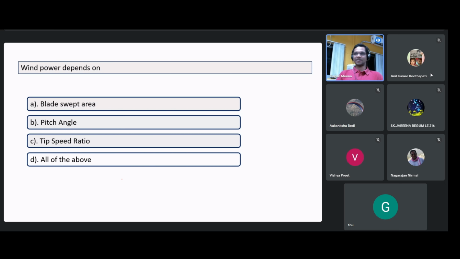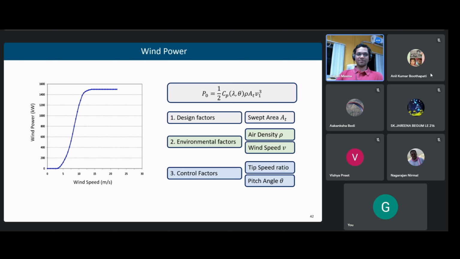What are the factors that determine the output of a wind energy system? D is the correct answer. So all of these parameters affect the wind power. We can see here the output of the wind curve and these points. This we call the cut-in speed, this is the rated speed, and this is the cutout speed.